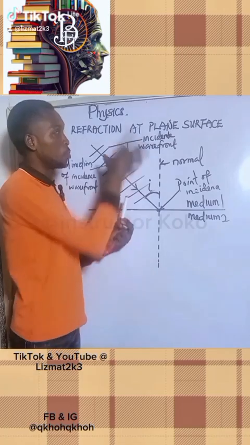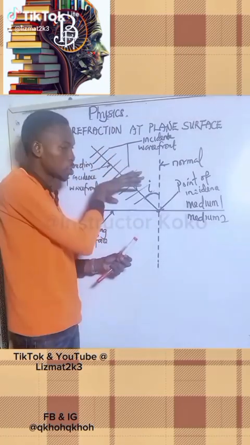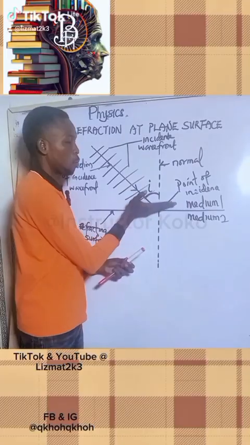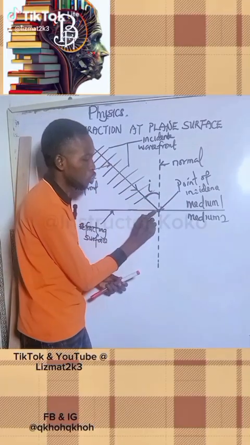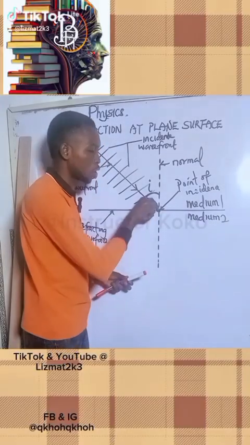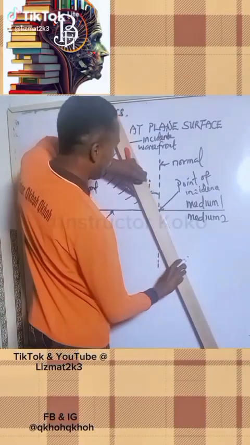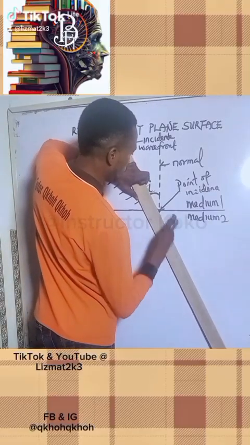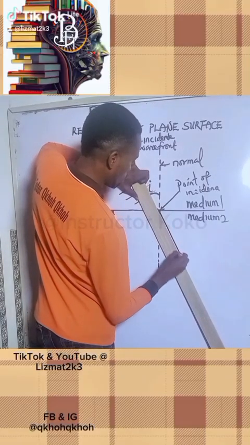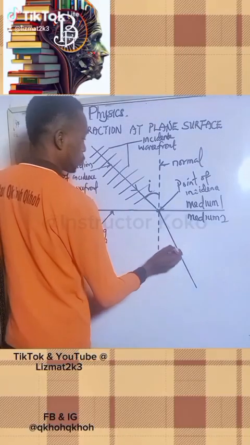Now, from definition of refraction, when a wave is crossing the boundary from one medium, so this wave, as it touches the boundary now, is going to refract. So you draw your refracted wavefront. That's our refracted wavefront.